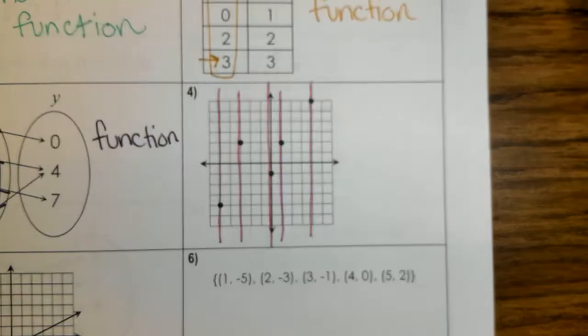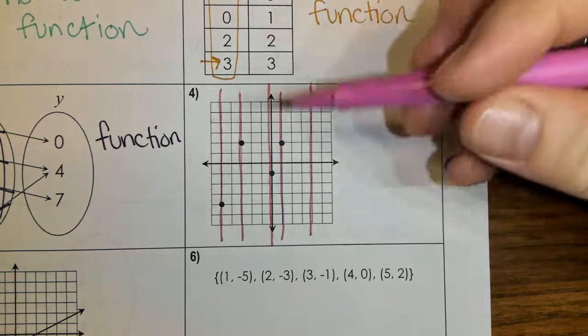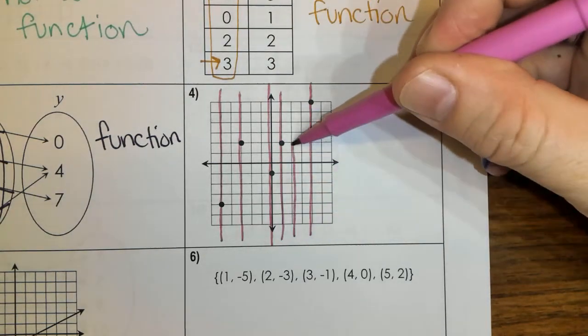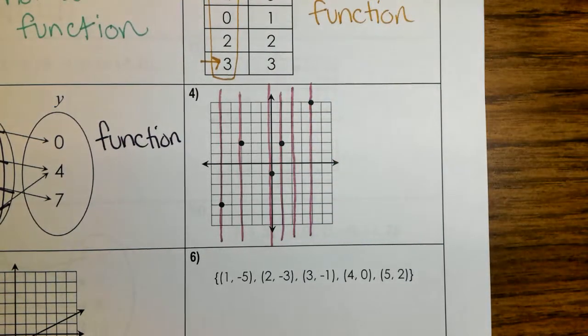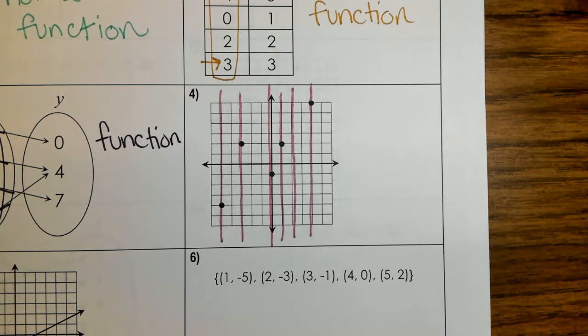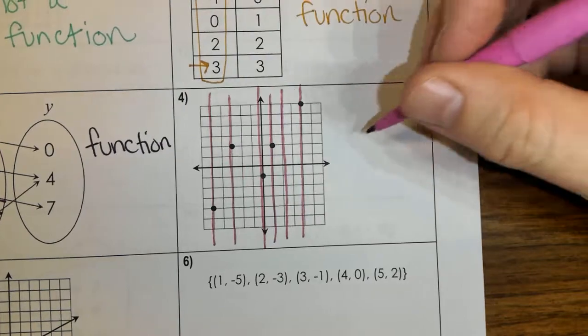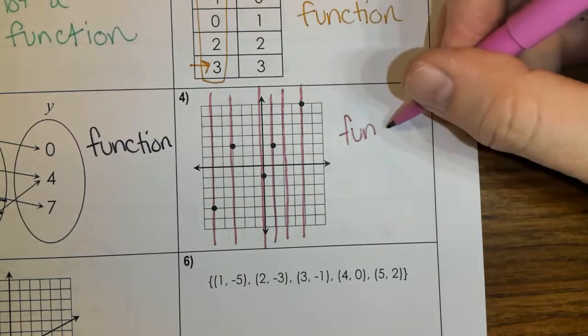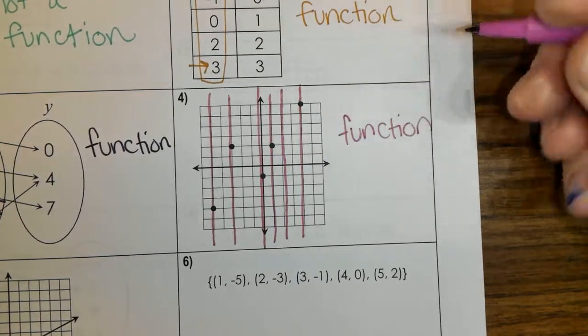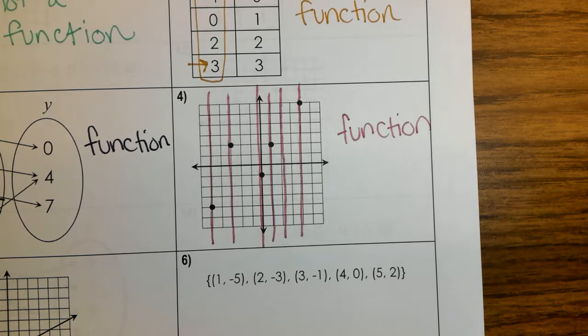I could even draw one right here. I didn't pass through more than one. Now I didn't pass through any, but that's okay. I can do 1 or 0. I cannot do 2 or more. So none of these vertical lines passed through more than one point, so this would be a function. And that's my answer.